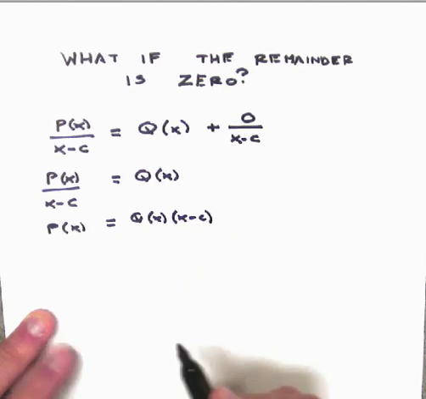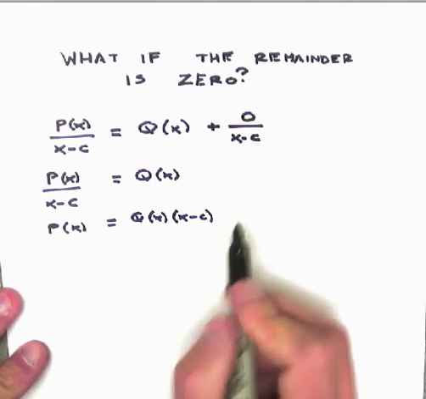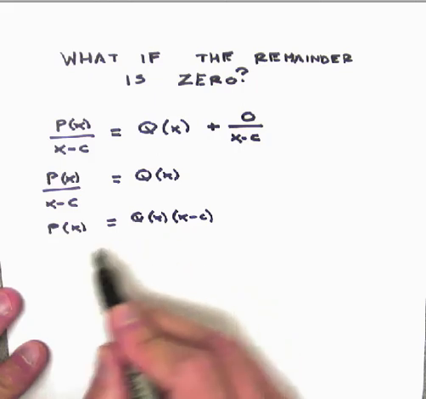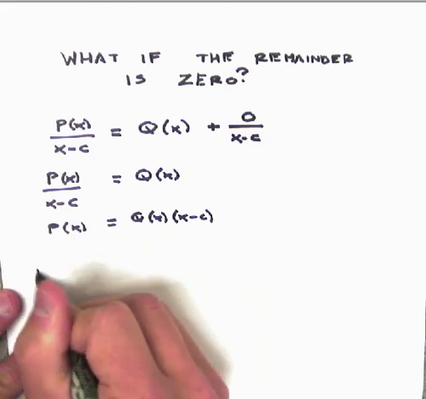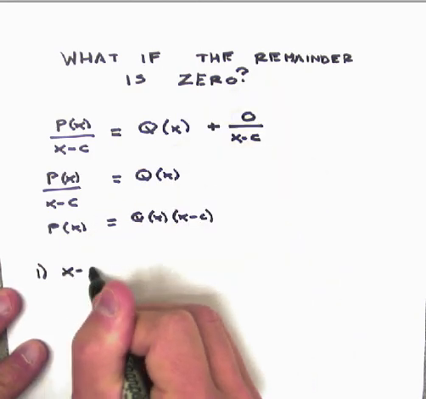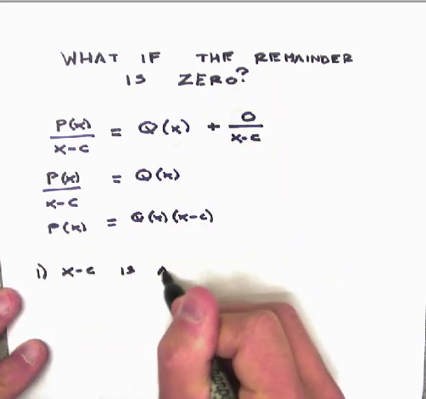Now I observe a couple of things. Since there's nothing left over, x minus c is a factor of p of x. So that's one thing I get from the remainder being 0.